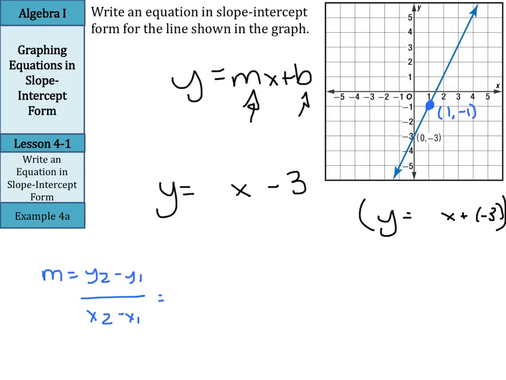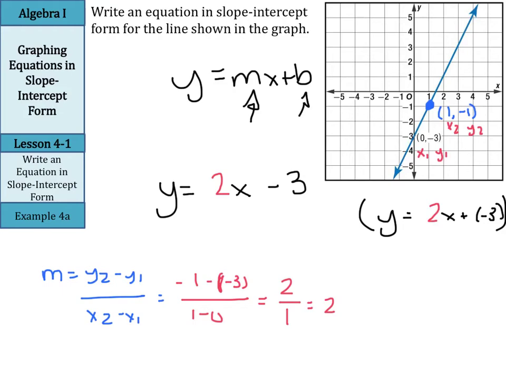If you called the one down here x1, y1, and the one up here x2, y2, you would have -1 minus -3 over 1 minus 0, and that slope equals 1 minus -3 is 2 over 1, with a slope of 2. So that's one way to get y equals 2x minus 3, or 2x plus -3.